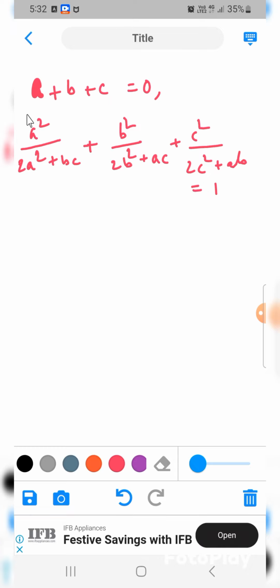So with this given condition we will prove this.